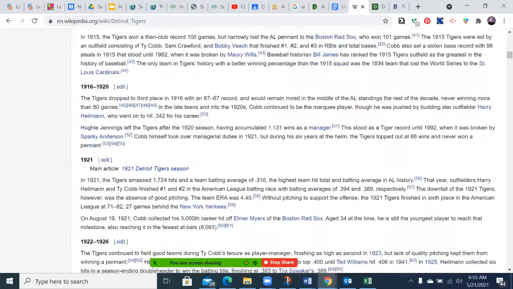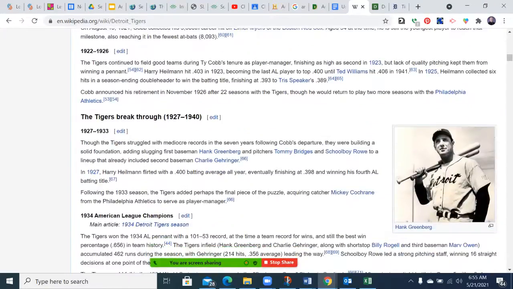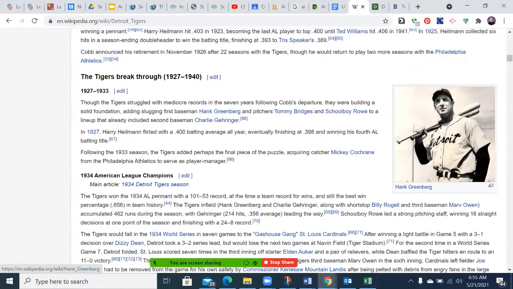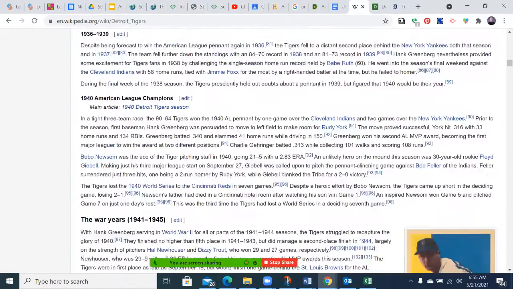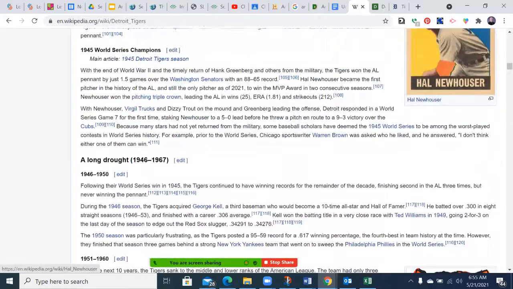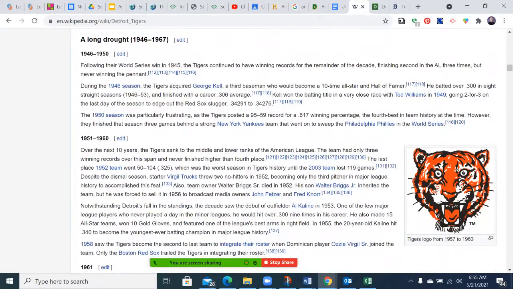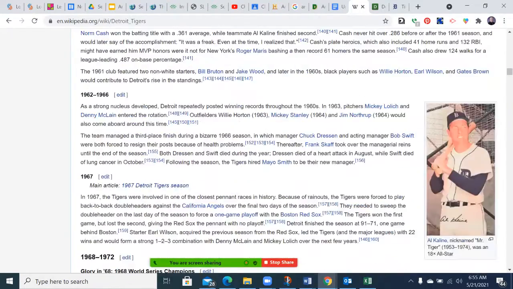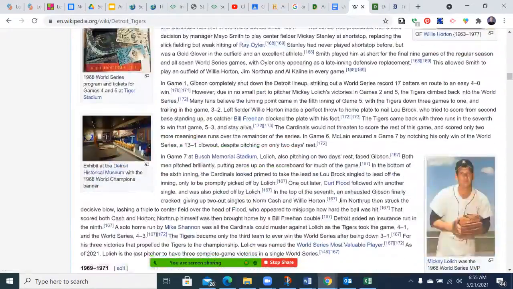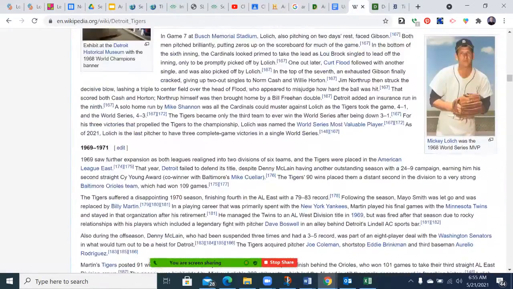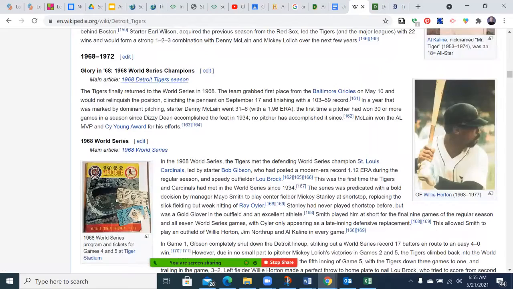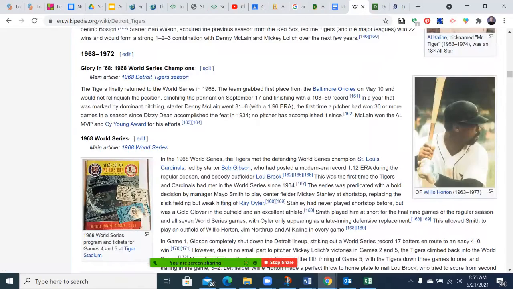And then we continue, and it's broken down into years, and you see a period of success in the 40s, the war years, now a long drought where they went 21 years of not playing good baseball overall. And then you see the 68 World Series champions.